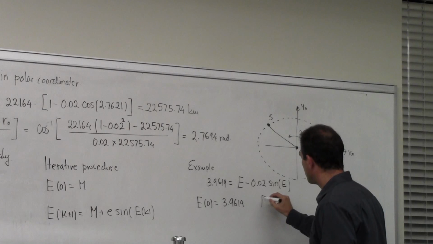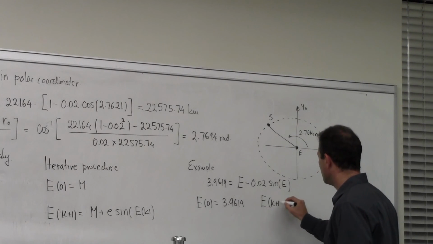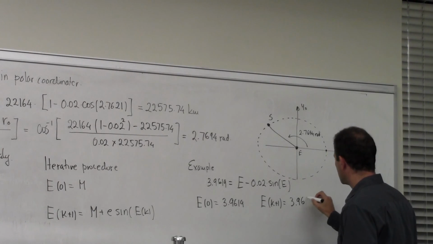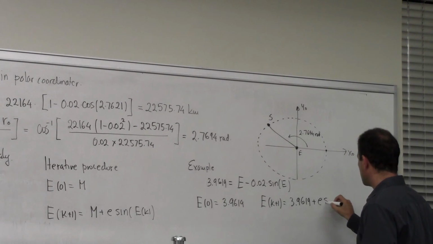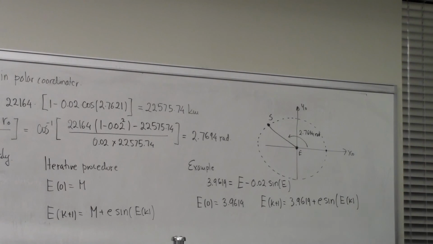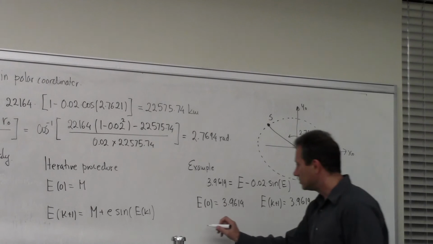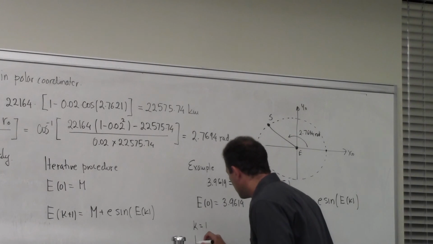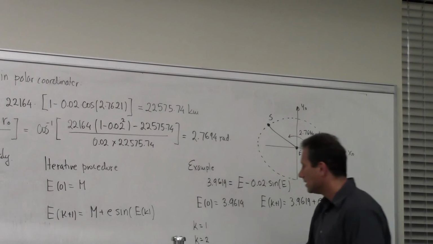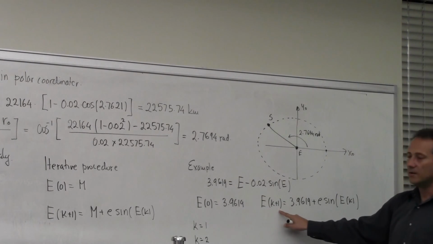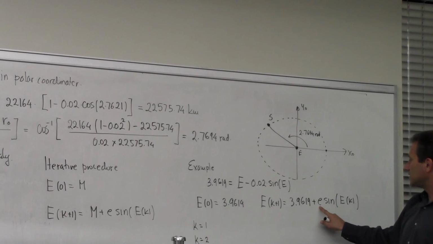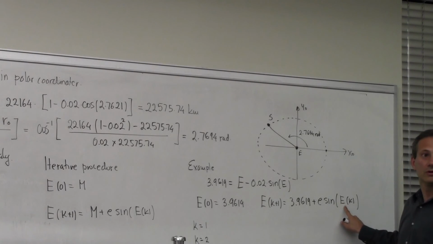Then I form an iterative procedure that says E of k plus 1 is equal to 3.9619 plus e sine of E of k. That's my iterative procedure. Let me just do k equal 1, k equal 2, k equal 3, and so on. So k equal 1 says E of 1, my first estimate, is going to be 3.9619 plus e times sine of E of 0.